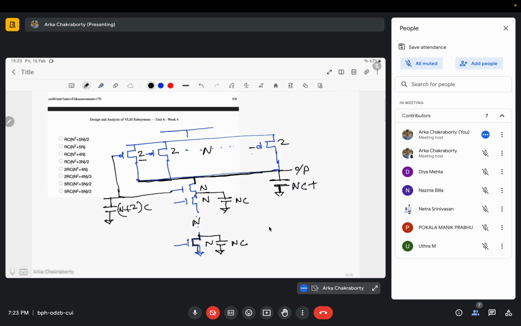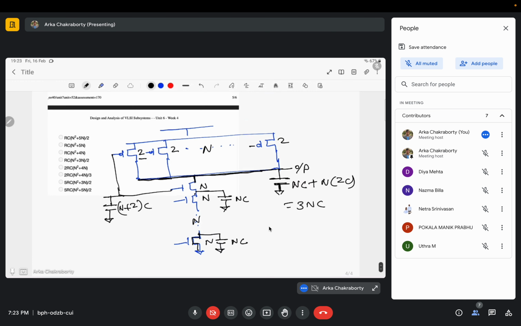Yes, as there are n PMOSes with 2C capacitances in parallel, it should be n of 2C, that is 2NC. So net would be 3NC, correct? Should be 3NC. Okay, fine.